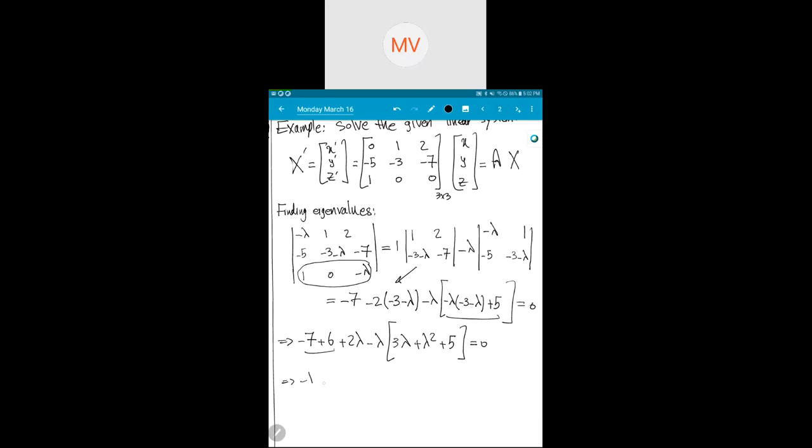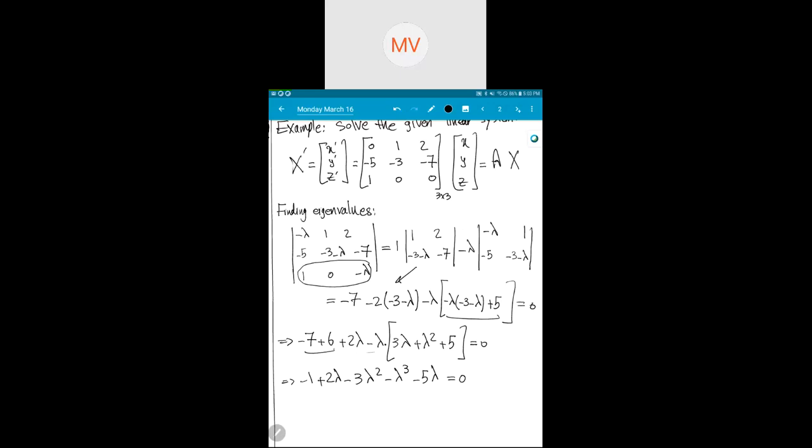So we get a -1 plus 2 lambda. Careful that there's a multiplication here. So don't subtract these two because order of operations says you have to do multiplication. So minus 3 lambda square, negative lambda cube, and minus 5 lambda equals 0.